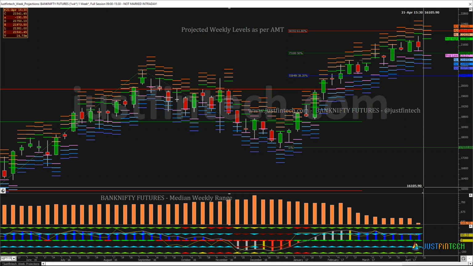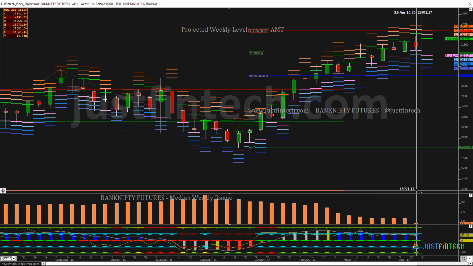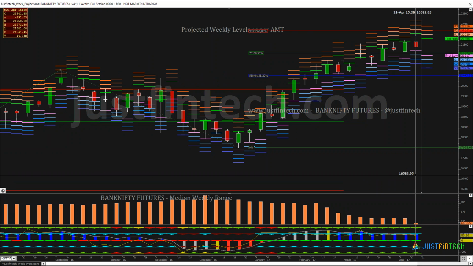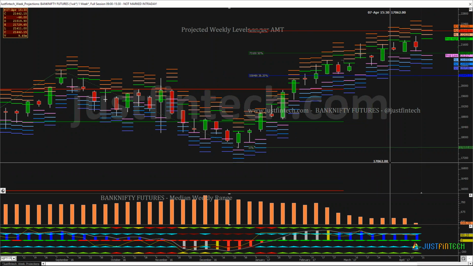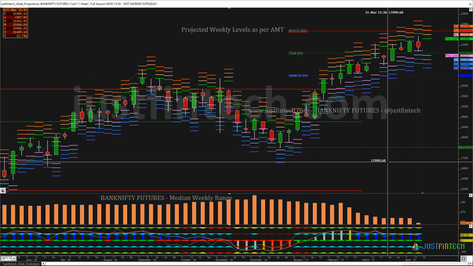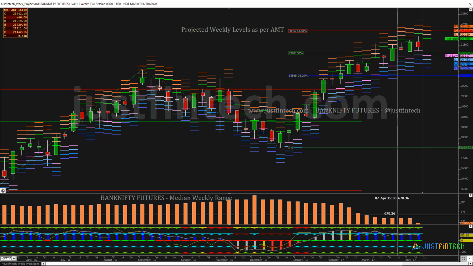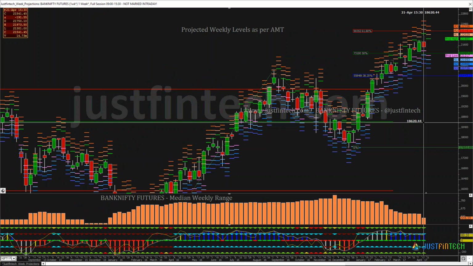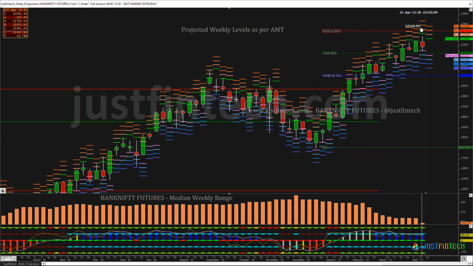Bank Nifty did the projected high previous week and did the projected low this week. So that is almost like hitting the levels. Now, Bank Nifty CCI is also, it has come below 100, but this has not gone red yet. So it is trying to decide, and the trend has gone into a balance.